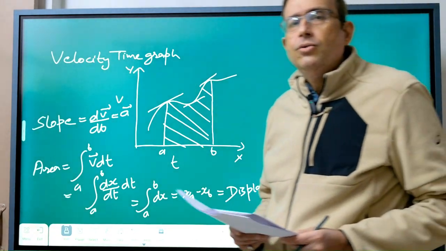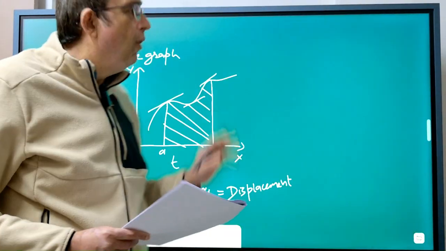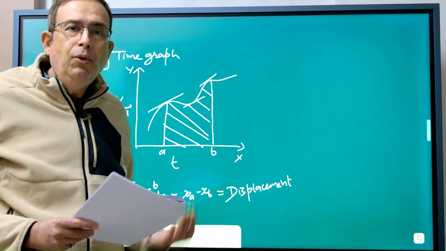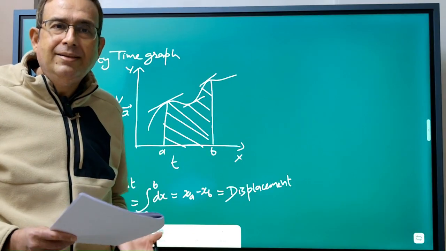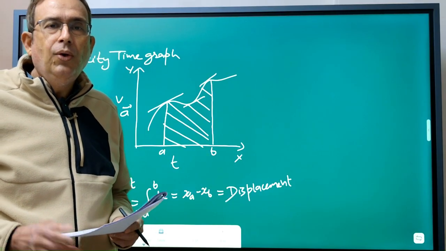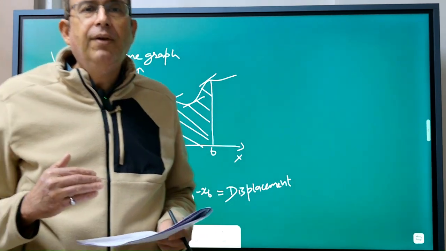Okay, so you can see that the velocity-time graph contains the information about the acceleration as well as about the displacement. So it is an intermediary graph.